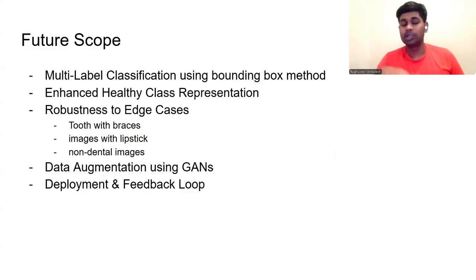One of the issues with the vision transformer was lack of data, so we can use GANs to create a lot of data for data augmentation and make the model better. And also deployment and feedback loop. Once a user clicks their photo of the teeth, a dental professional will classify that image, and that is used to train the model again, which would totally improve the model accuracy.